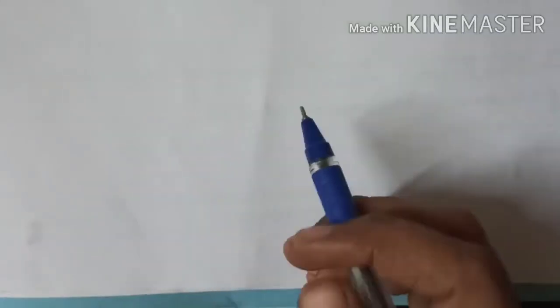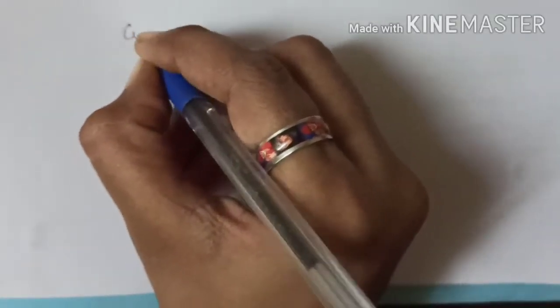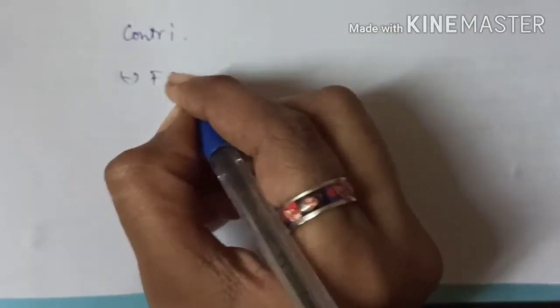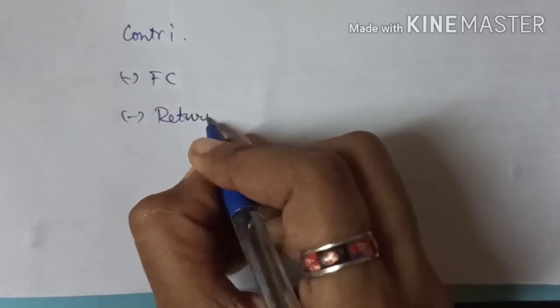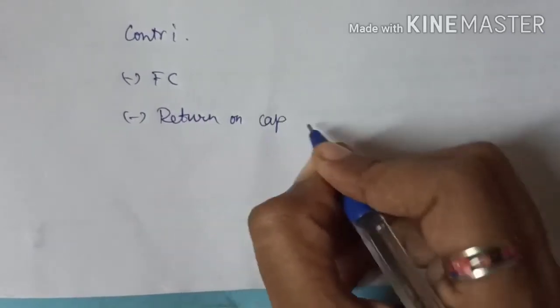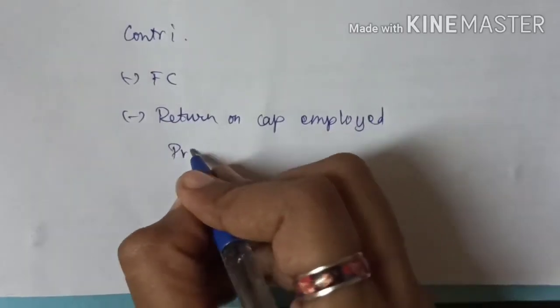You can do some rough workings to know whether we get the same profit of 11,50,000. For that, as usual, you start from contribution and then fixed cost, return on capital employed, then profit.